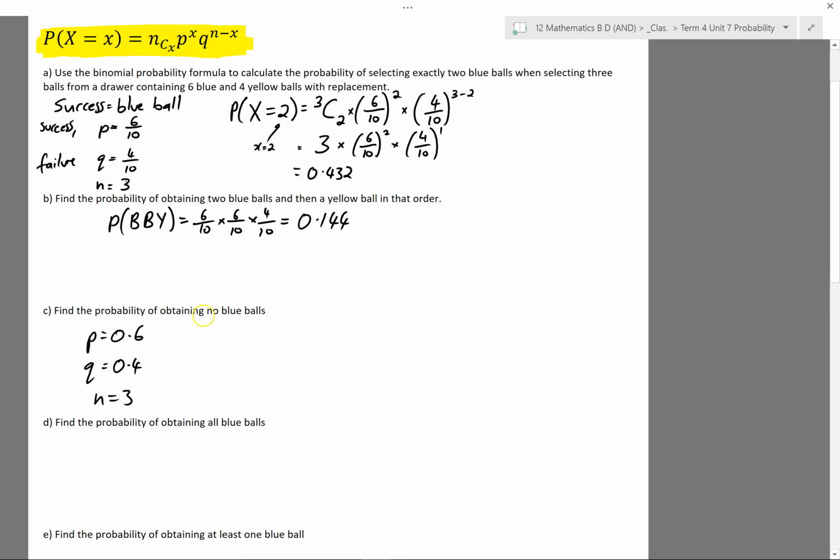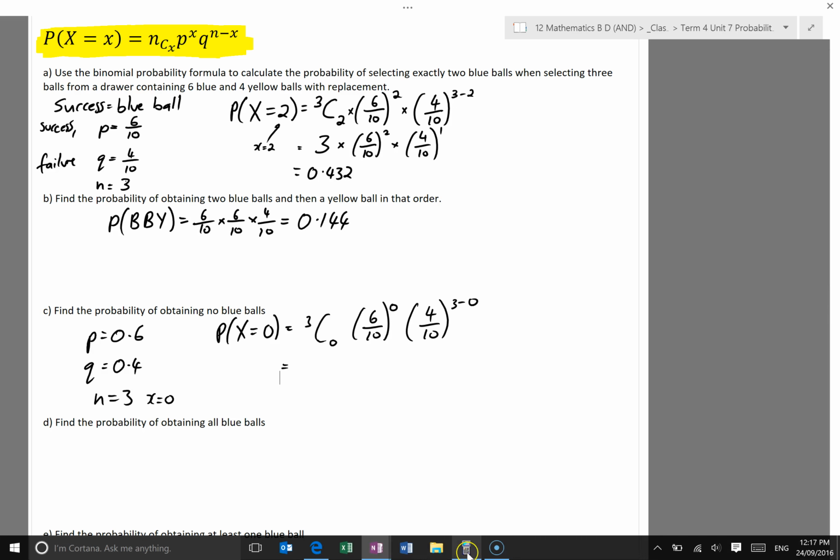I'm looking for probability of obtaining no blue balls, so when lowercase x equals 0. So 3C0, 6 on 10 to the power 0, and 4 on 10 to the power 3 minus 0.